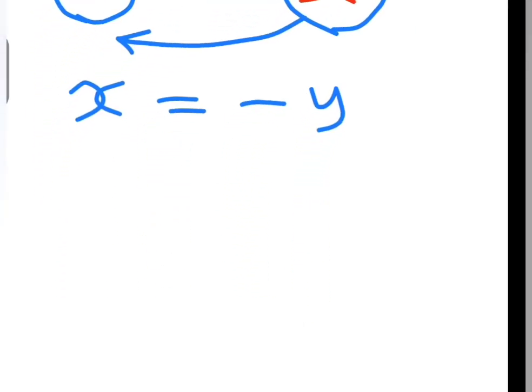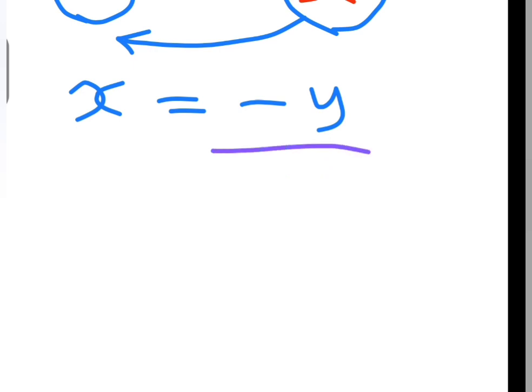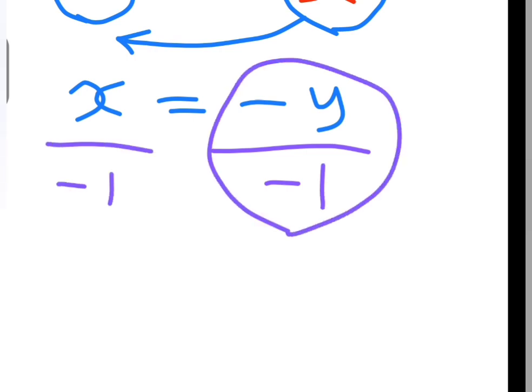Now, we follow the steps and put y alone. Now, here we have negative, which is multiplied by the y. So, it's like negative 1 multiplied by the y. And because it's multiplied, when we do the opposite of multiplying, we divide. Very good. So we divide by negative 1 and divide by negative 1. Because whatever you do on this side, you do it to the other side.